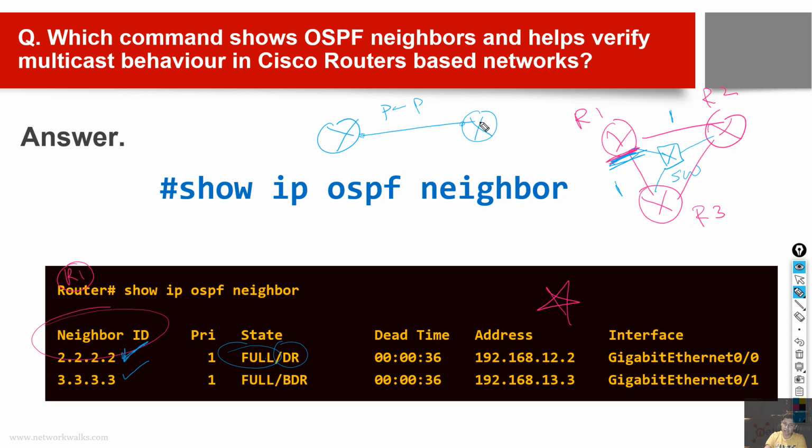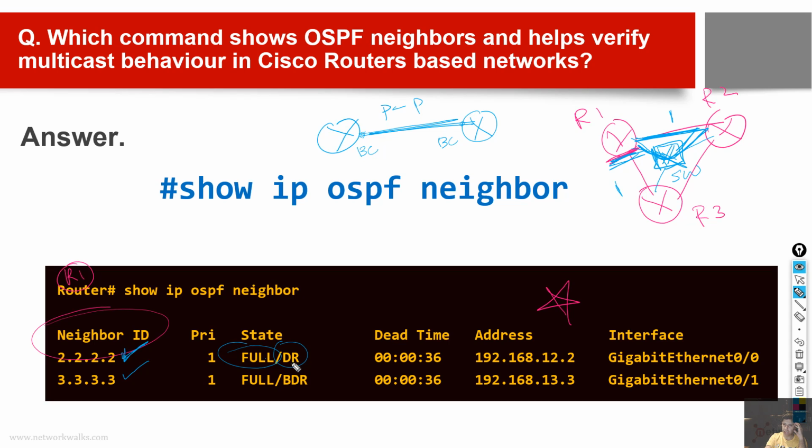What matters is what you have configured during the OSPF configuration. If you mention it as point to point, it will behave like point to point, even when there is a switch in between. And even when it is really point to point, you can still make it a broadcast type of network. So it all depends on how you configure.